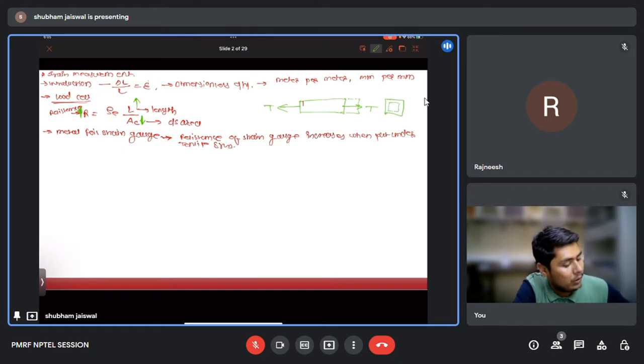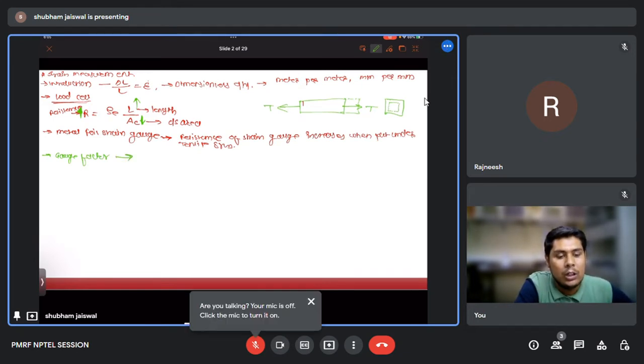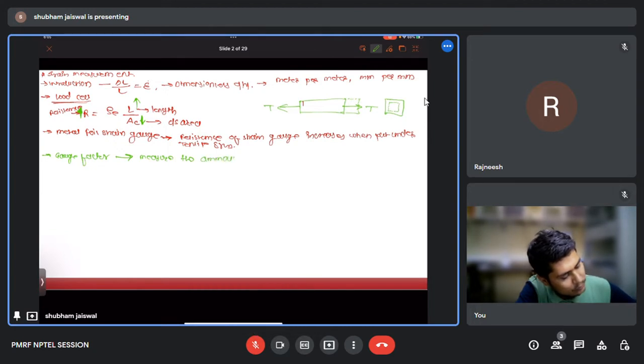After that, we have seen the term called gauge factor. Gauge factor basically measures the amount of resistance change for a given strain.